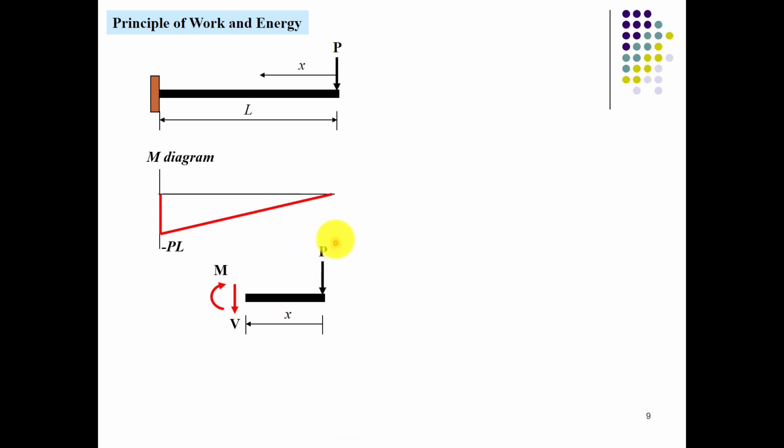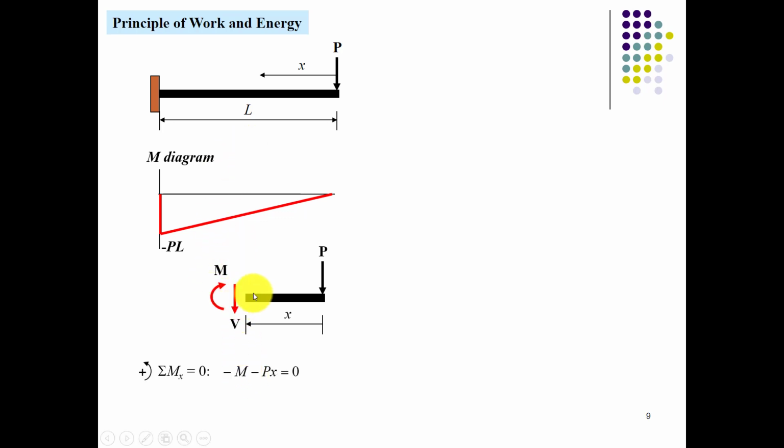So we can say that these are the assumed values. P is the externally applied load at a distance x from the free end. V is the virtual or internal shear force, and M the internal moment. You can calculate the shear force and moment by taking the moment at point x, which is some arbitrary point.